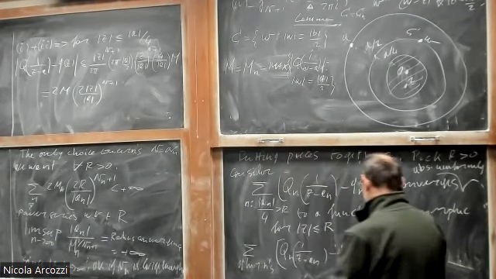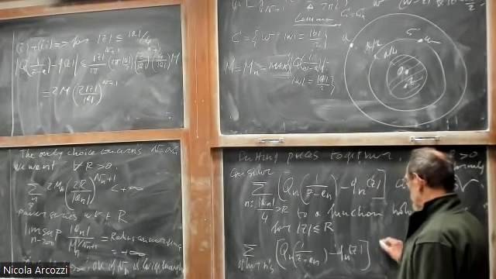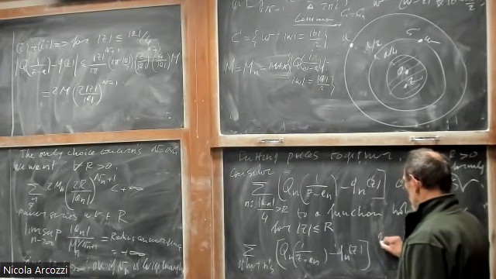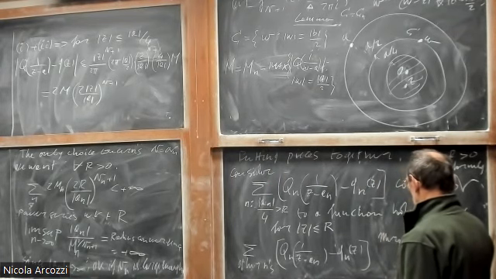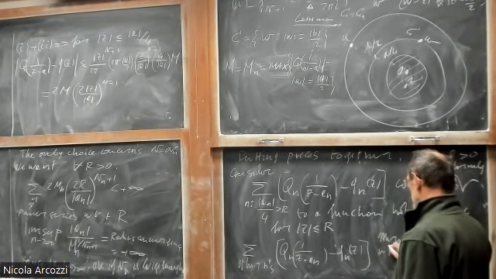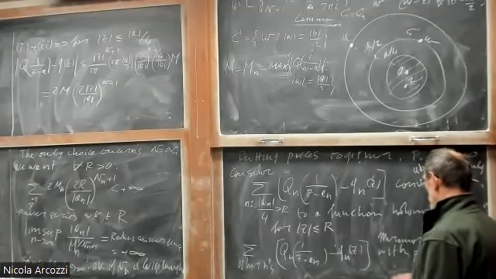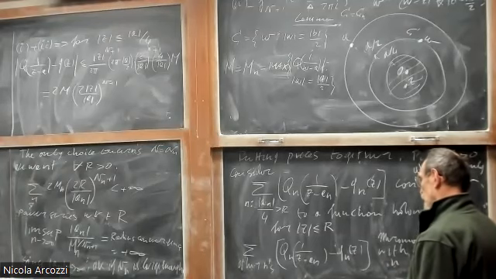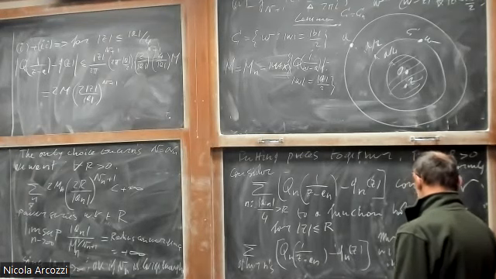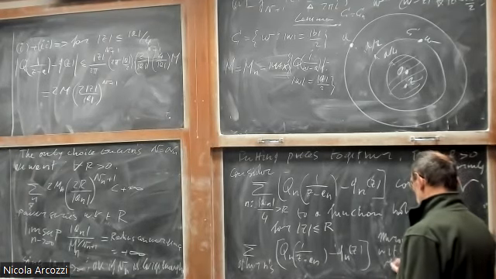Well, that's a finite sum. This is meromorphic. And we call it G, with the right principal parts.